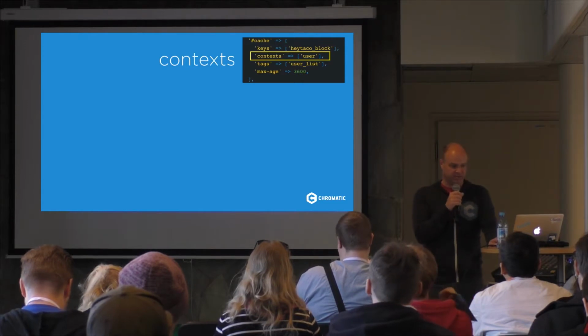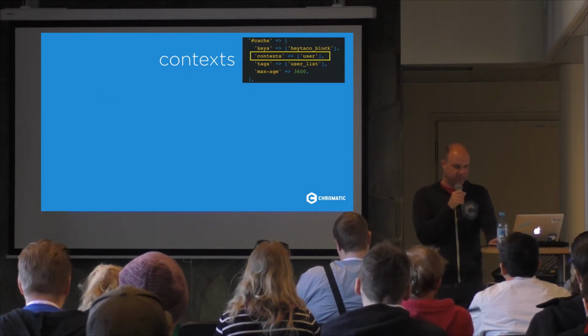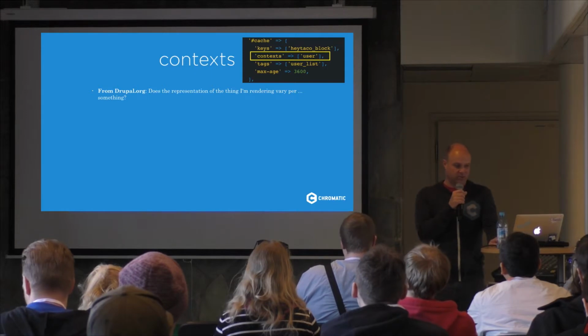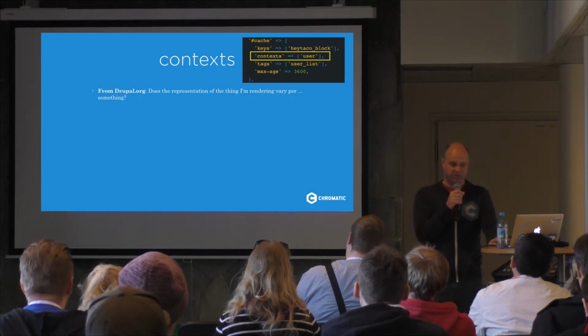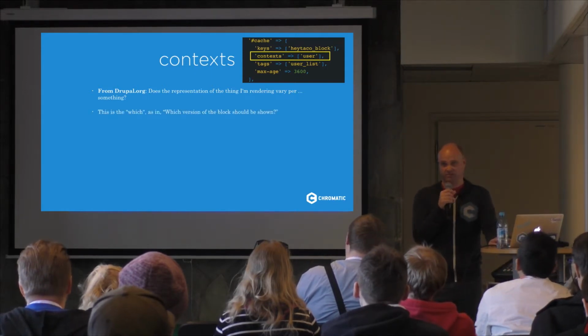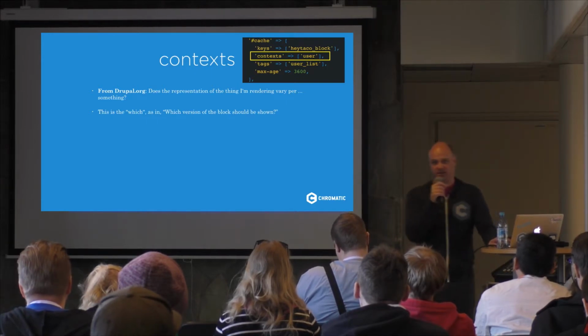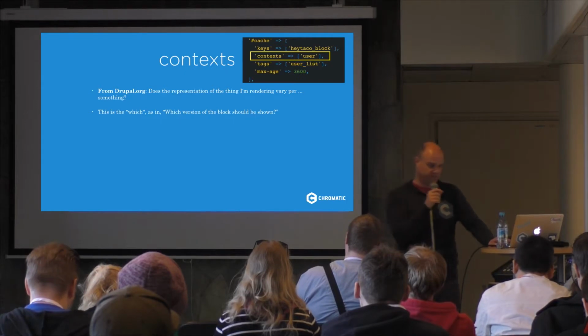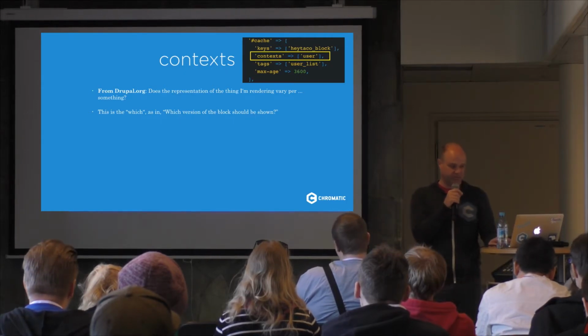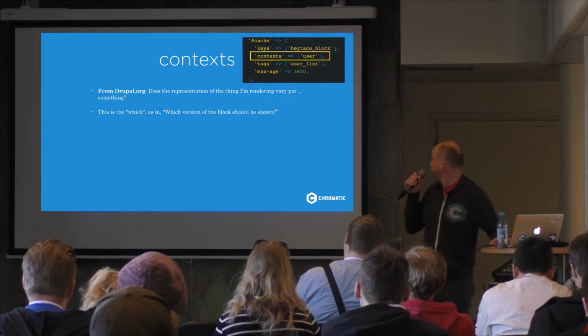So context, this is where things get a little bit more fun. This is, does the representation of the thing I'm rendering vary per something? And so this is what I mentioned. Our partner Chris would see it one way, Alana would see it a different way, and I would see it a third way. But it's all being cached. And this context that I put there for this case is user.